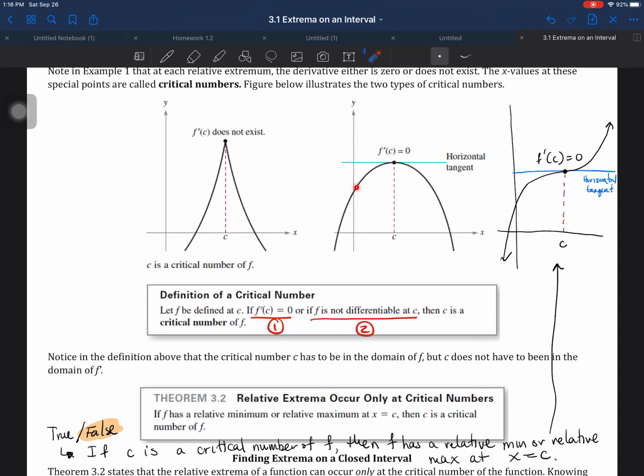In both cases here we have a relative max, so we are guaranteed to have either f prime not exist or f prime equal to 0. That makes sense: if you already know that f has a relative min or max at C, then you can conclude that C is a critical number.